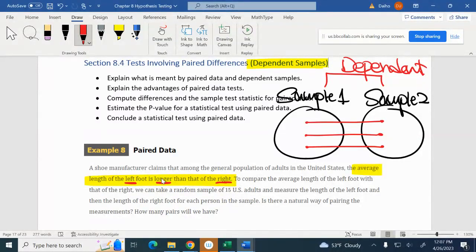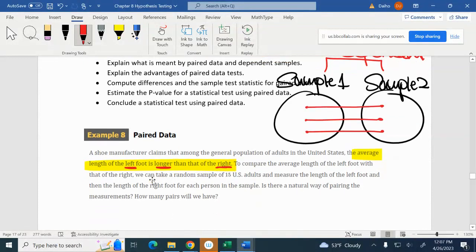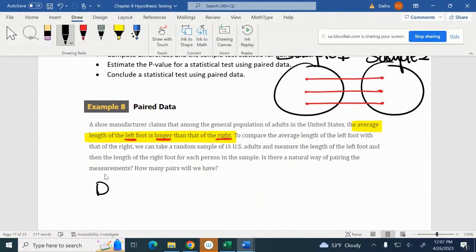So in this case, when we have paired data, a dependent sample, we can always take the difference. The left one minus the right one. If the claim is true, if the left foot is longer than the right foot, what do you expect the difference to be, positive or negative?